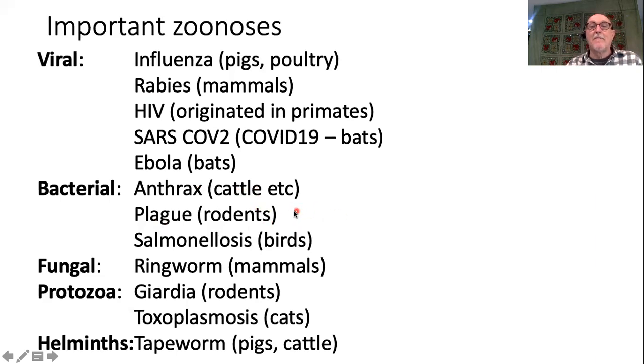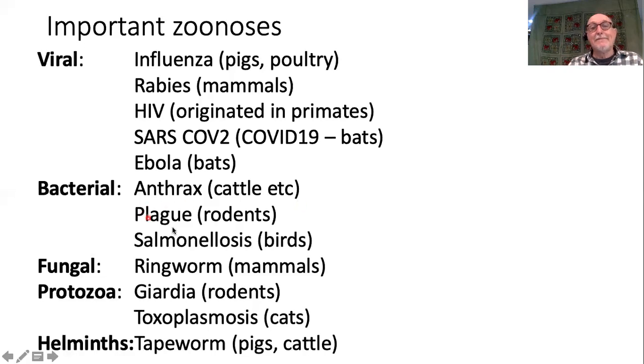Plague is caused by a bacterium called Pasteurella pestis, and plague is endemic in rodents. And often is extremely well tolerated by rodents, so that it can be maintained for a very long time and then make its way into human populations.